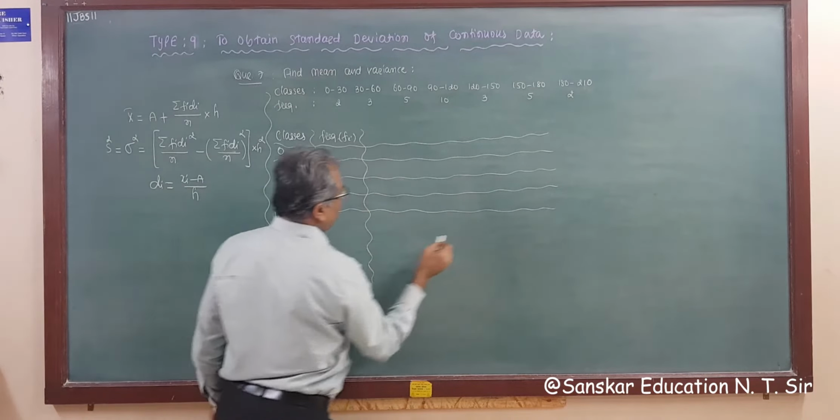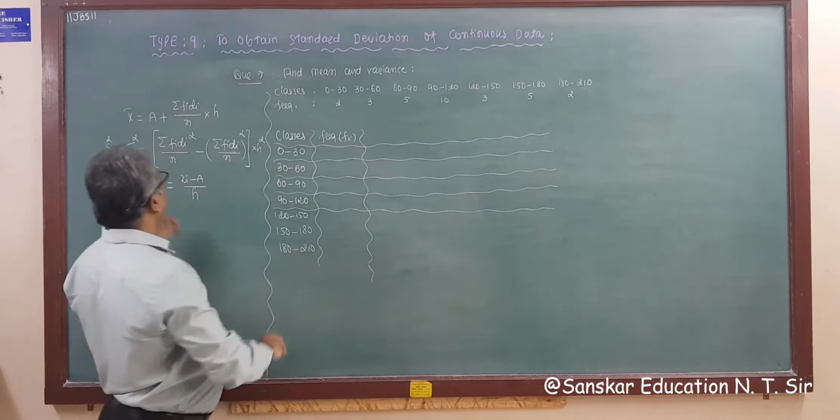So for the formula x bar is equal to a plus sigma fi di upon n, into h, where a is the assumed mean and di is equal to xi minus a upon h, this is required for the sum. If we need, we can extend the table also.